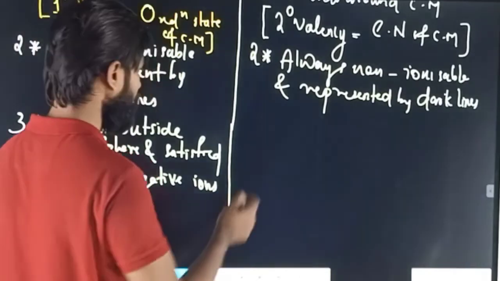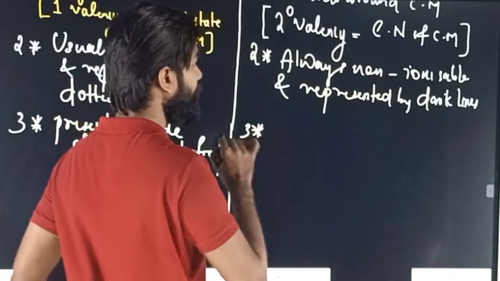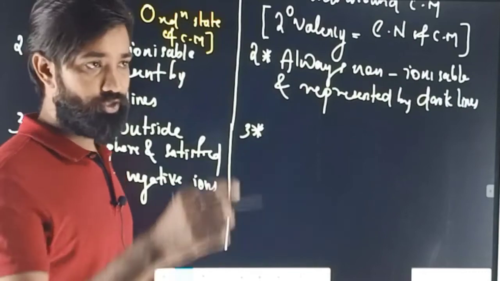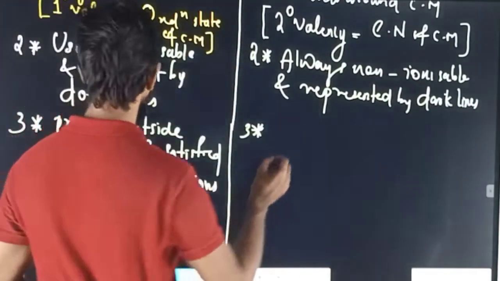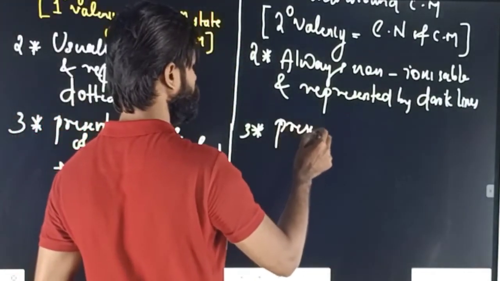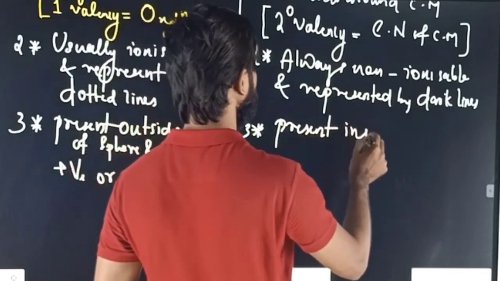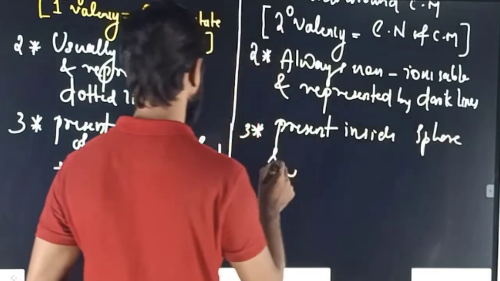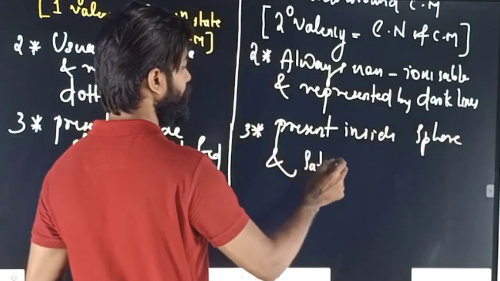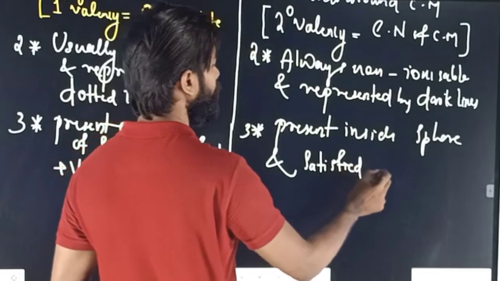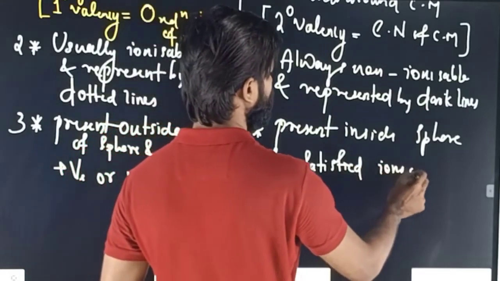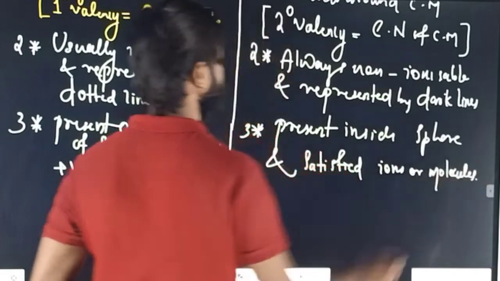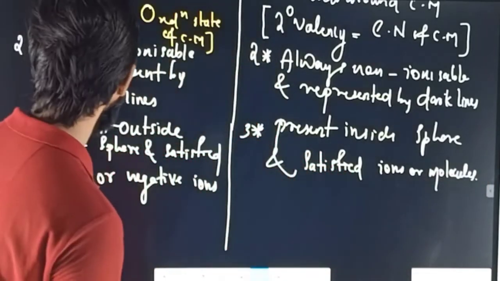The ligands indicate the secondary valency. The ligands are always present inside the coordination sphere, and they are ions or molecules.